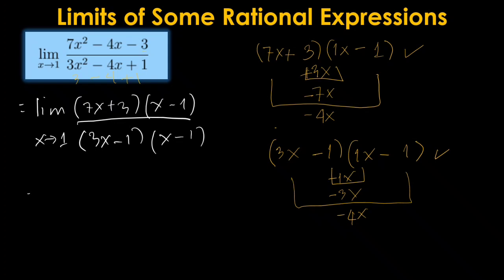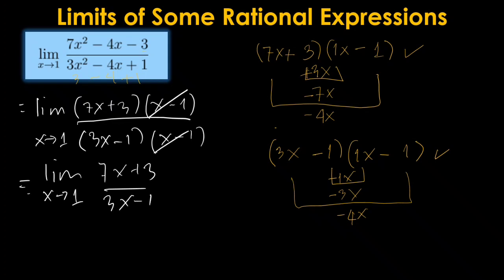So since x only approaches 1 here, this won't be 0 at the moment, so we can cancel it out. We now have, just copy this one over, as x approaches 1.